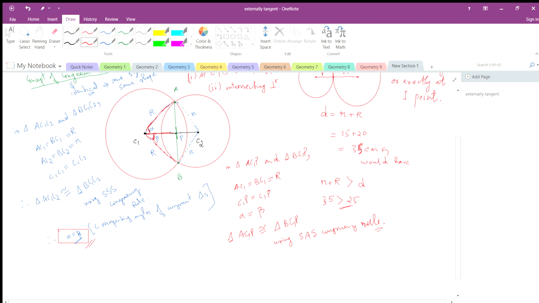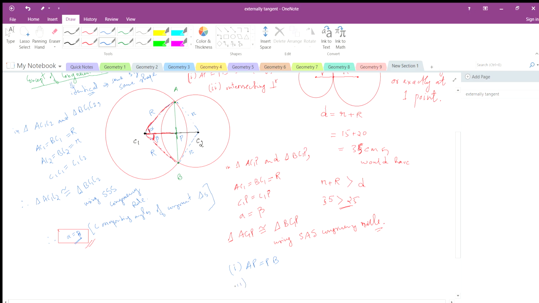That means if I look at AP and PB, from here I will get AP equal to PB, corresponding sides of congruent triangles. This is our first finding, that AP and PB are equal.